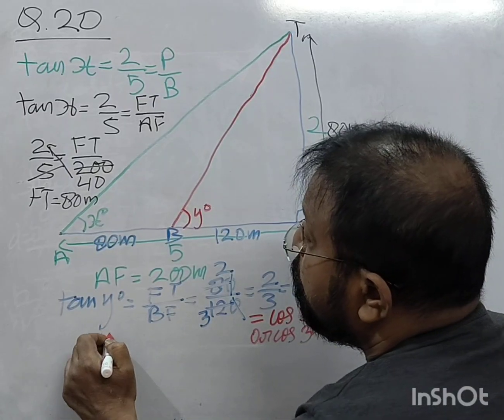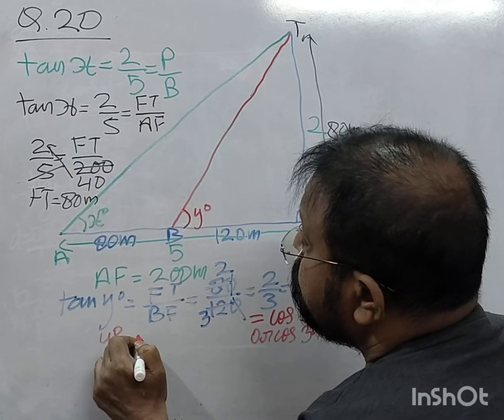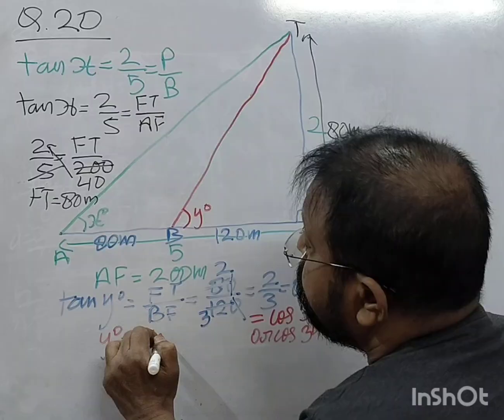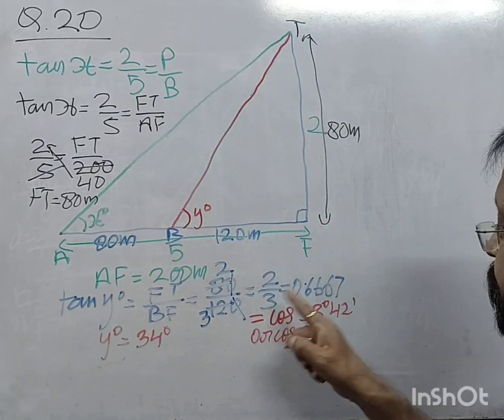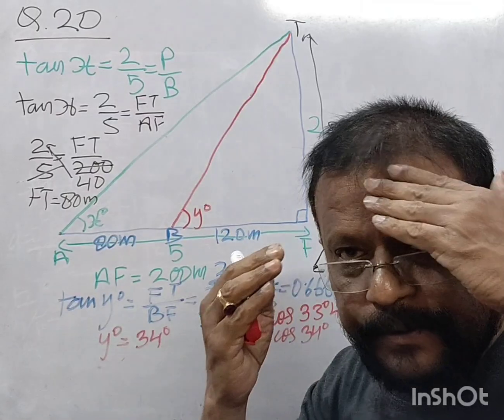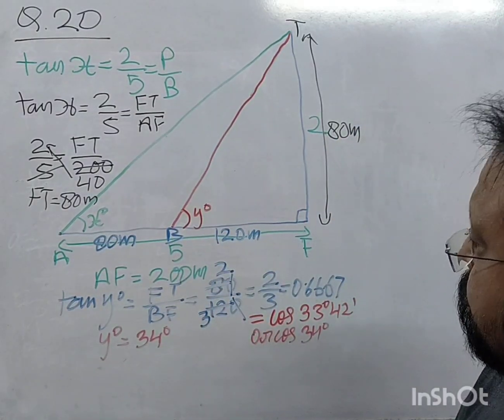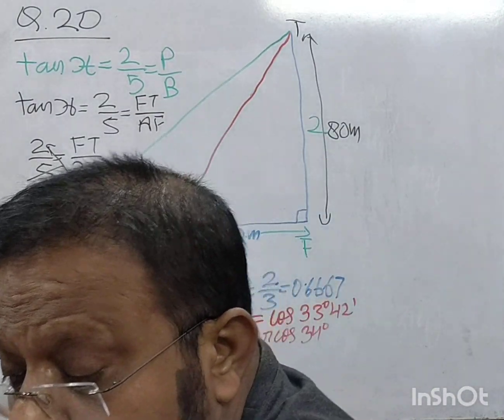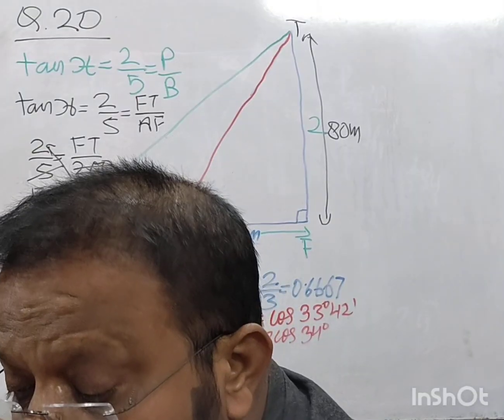So angle Y is equal to 34 degree. Right? It will be like this. We have done this? Yes. Okay.